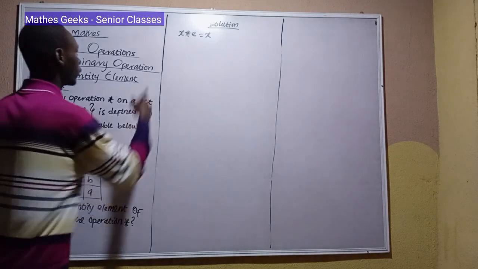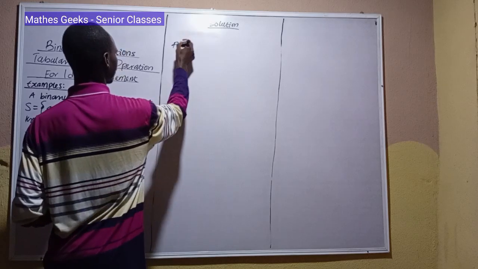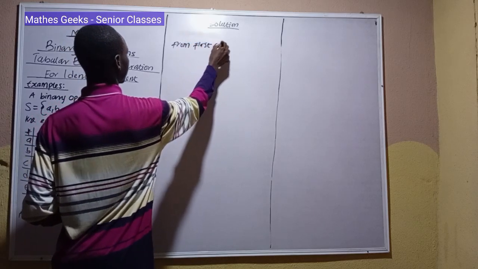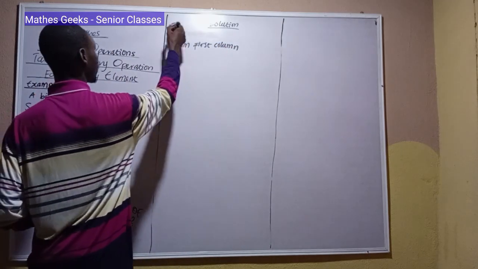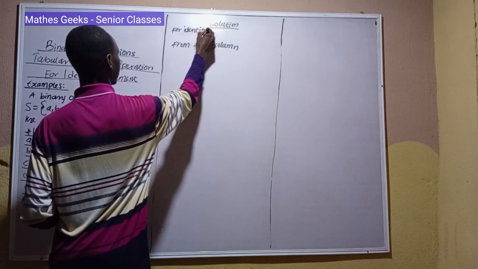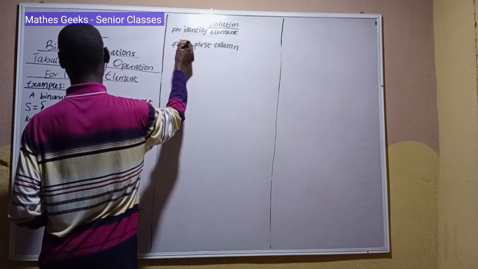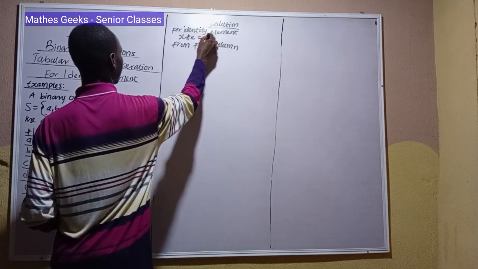So from our first column, that's just an illustration. For identity elements, let's say x star e should give x.